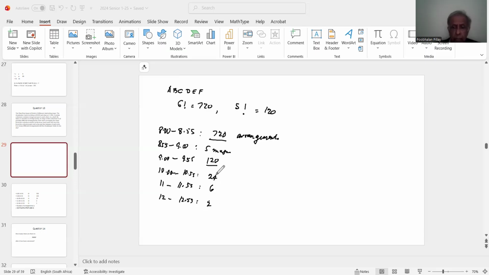So how many arrangements are there altogether? We simply have to add all these numbers, which I have underlined. So here you got 840, 864, 872. Total number of arrangements.